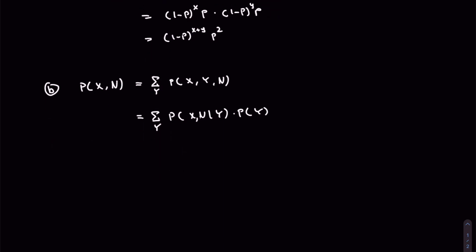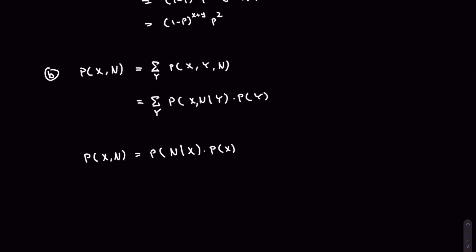distribution. But a much easier way to think about this is to just take X and N, the joint of X and N, and then condition on X by the law of total probability. And this way we wouldn't have to use the sum at all.